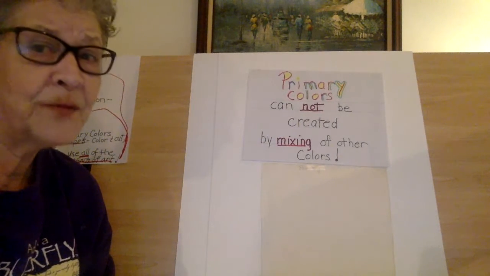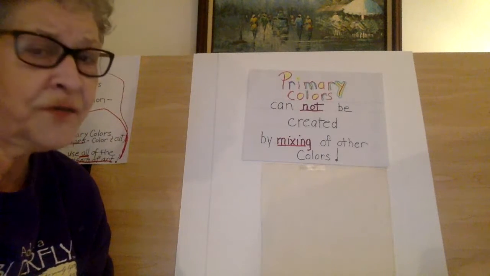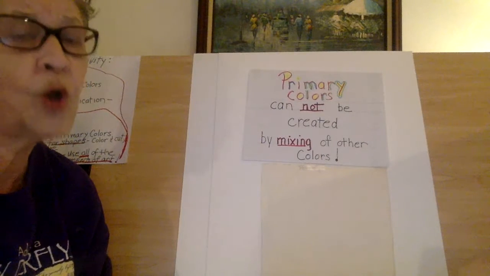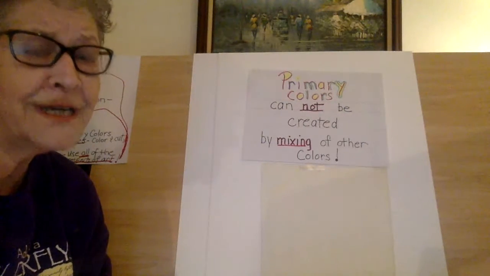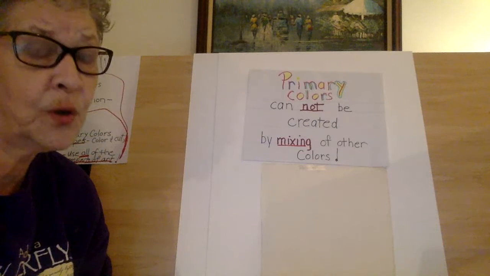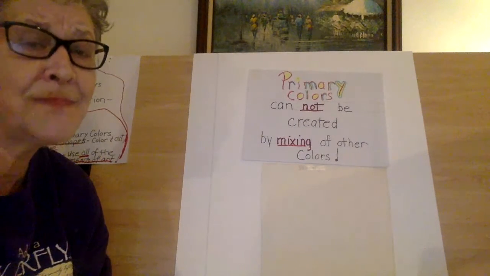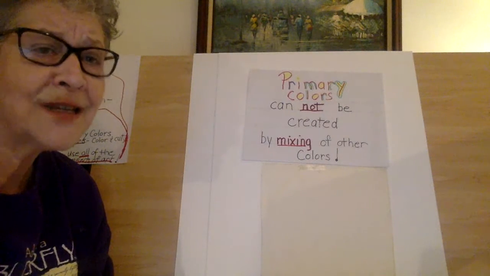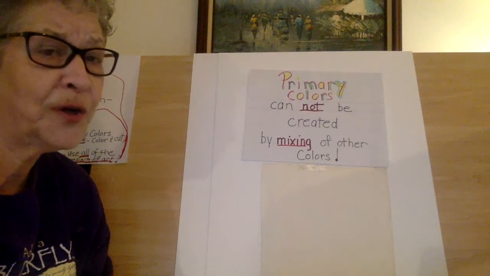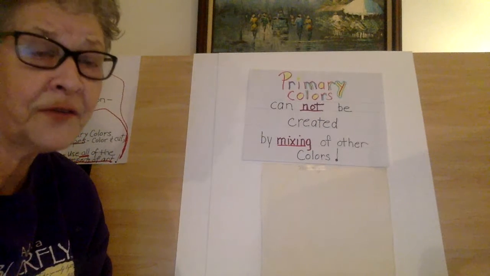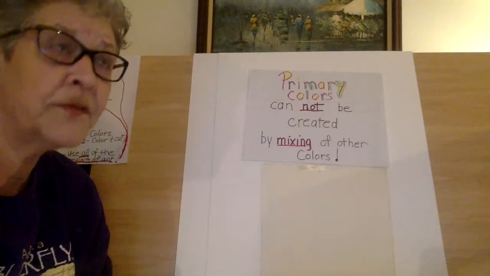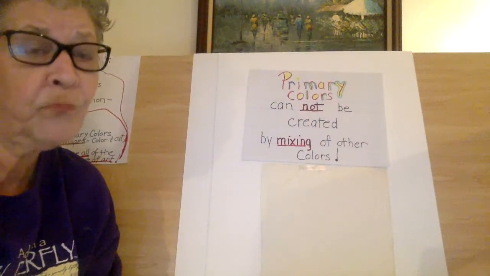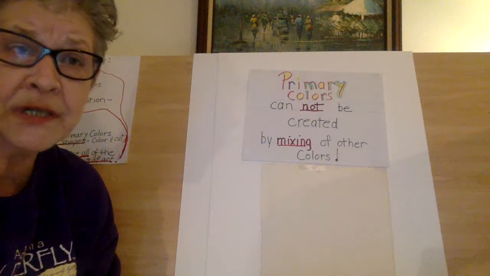Well, if you think about the word primary, your first couple of grades in school are called your primary school grades or your primary lessons. Your primary lessons are the things that you need to learn before you can learn other things. When you were in kindergarten, you started to learn your numbers.